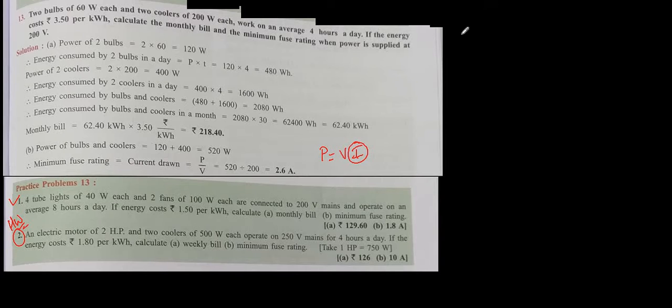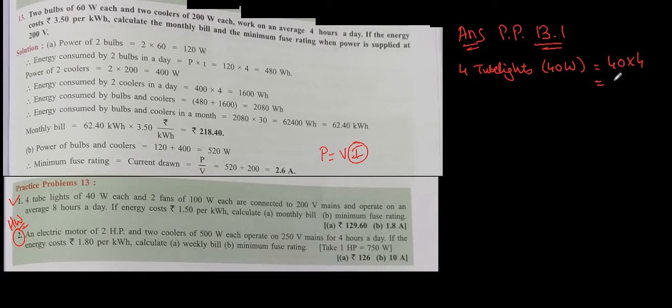So let us begin. So here my answer begins from here. Answer practice problem 13.1. It says 4 tube lights of how many watts? 40 watts. So that will be 40 multiplied by 4, that is going to give me 160 watt.